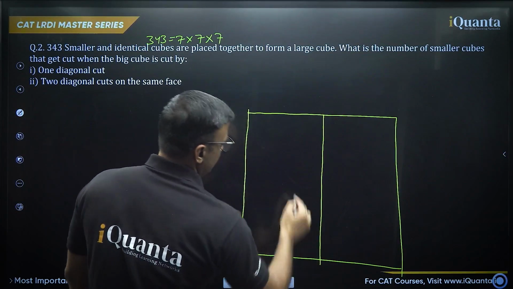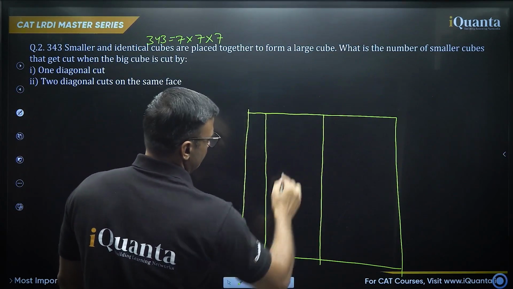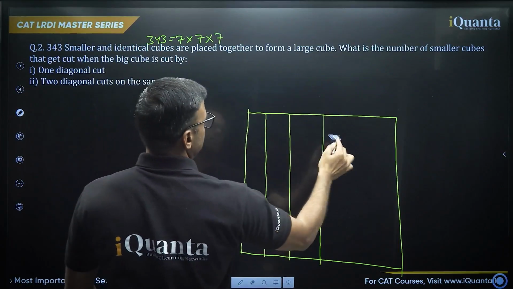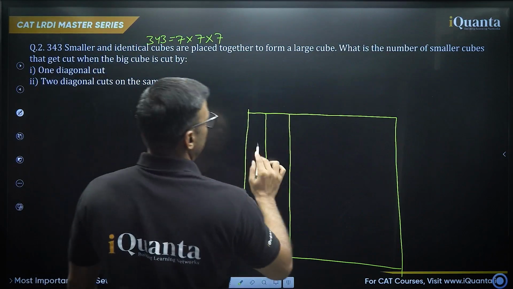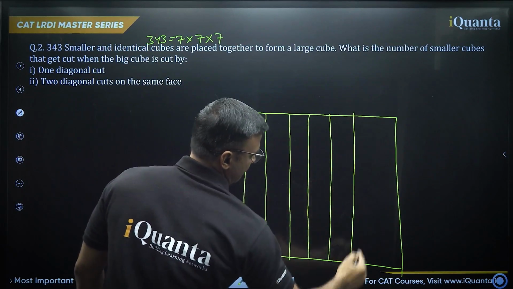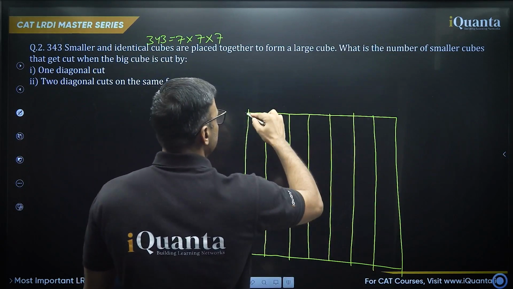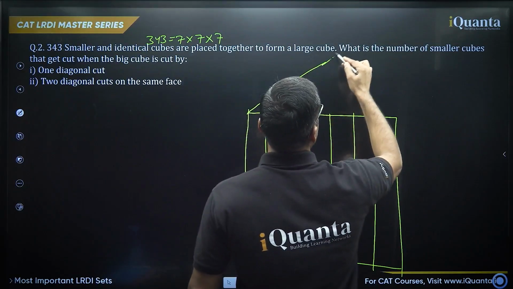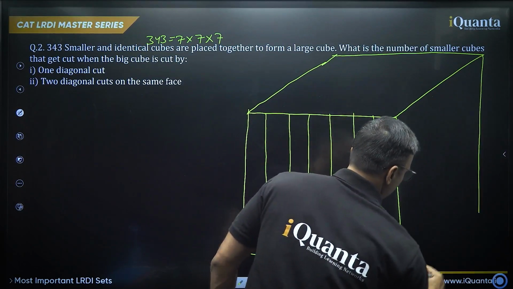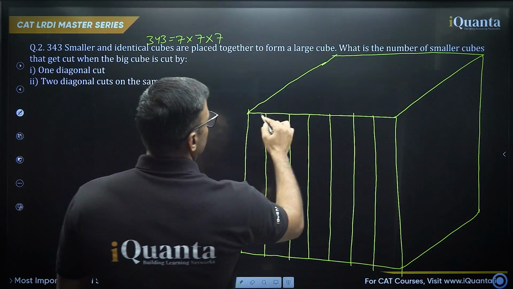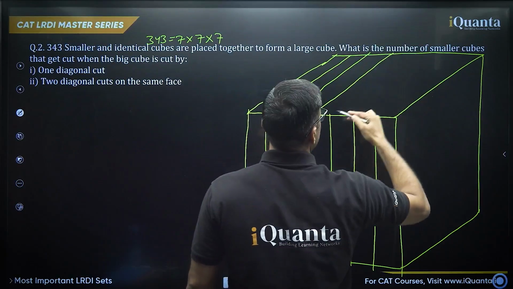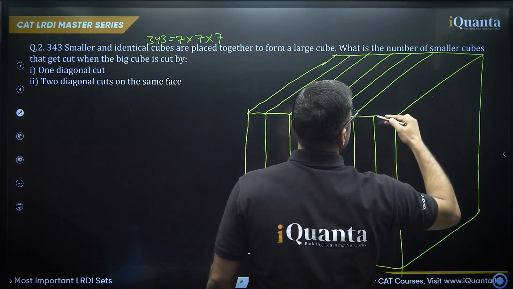So 1, 2, 3, 1, 2, 3, 4, 5, and 6. And join this. Then we have 1, 2, 3, 4, 5, 6.